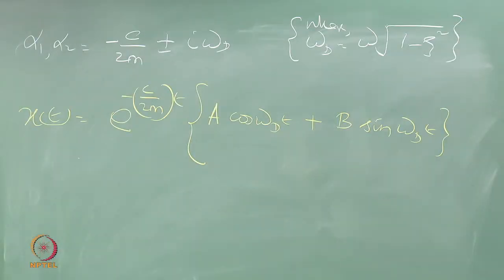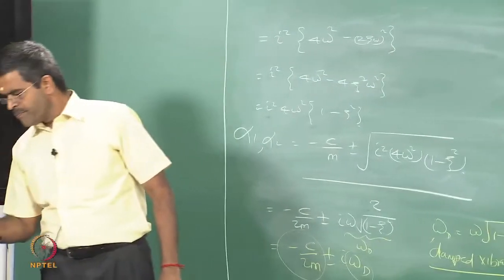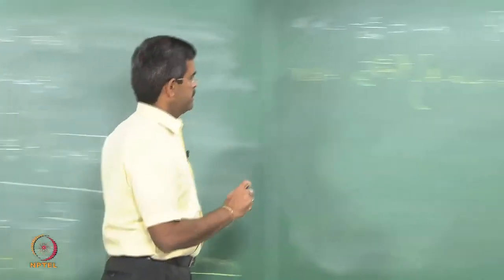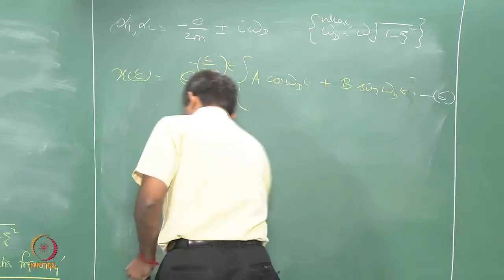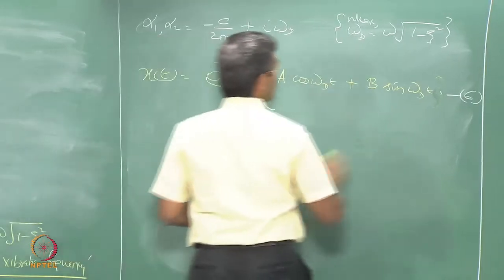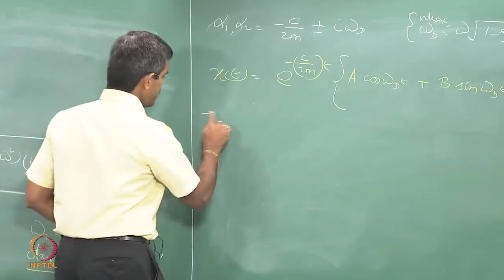We can also write some observations from this result. This is going to be equation number 6. Some observations on equation 6.